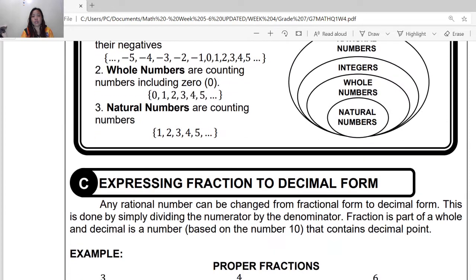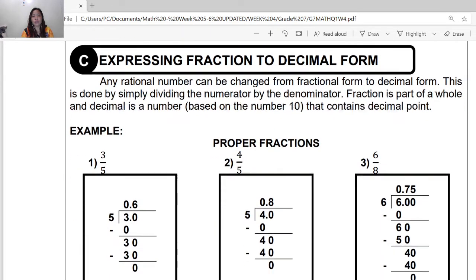So, let's take a look here. Expressing fraction to decimal form. Any rational number can be changed from fractional form to decimal form.